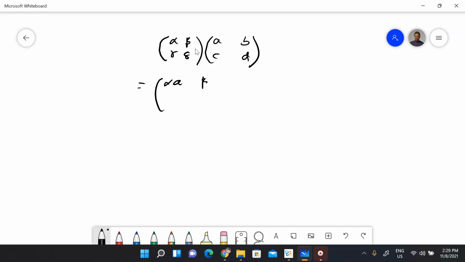Alpha A, beta B, gamma C, delta D. Can anyone tell me what is the problem with that? Anyone? Do you think you can make a product of two matrices in this way or not?